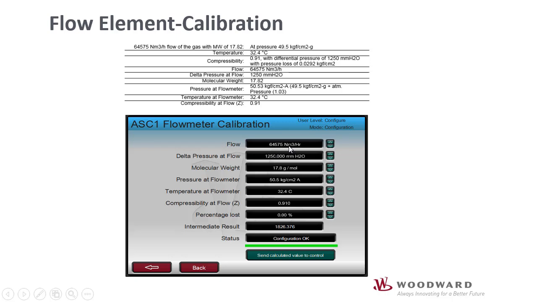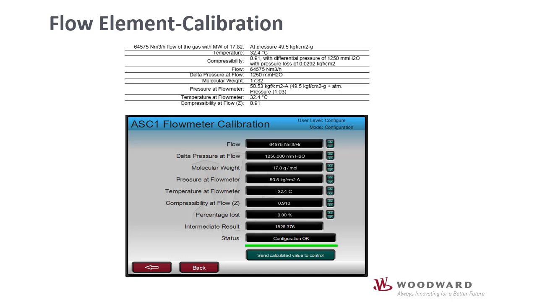At 64575 normal meter cube per hour flow, we received 1250 mm H2O differential pressure. This was the molecular weight of the gas, this was the pressure, temperature, and compressibility. No percentage loss was mentioned, so we left that as 0. Once you hit send calculated value to control, the configuration OK button turns green, and the C term is saved into the controller.